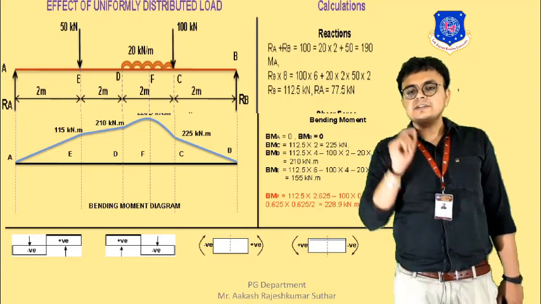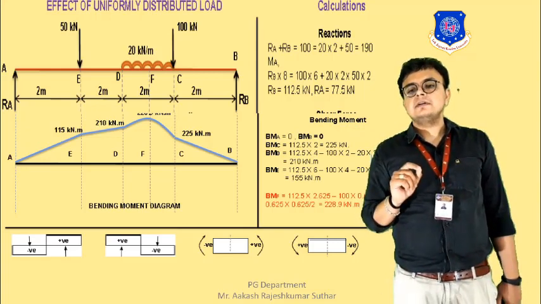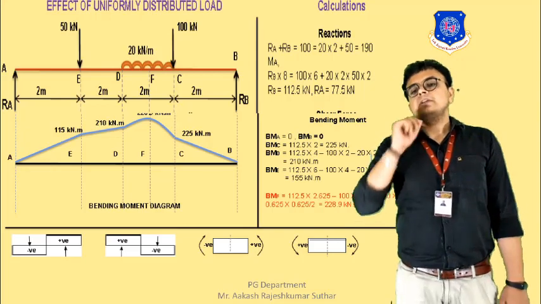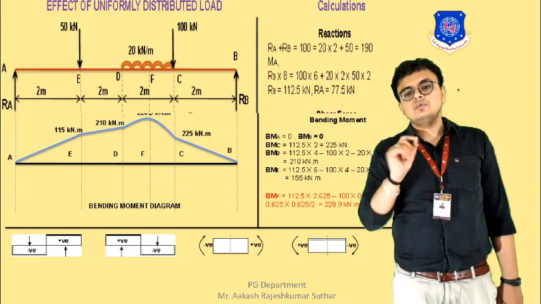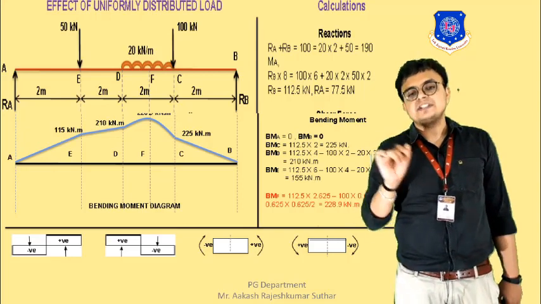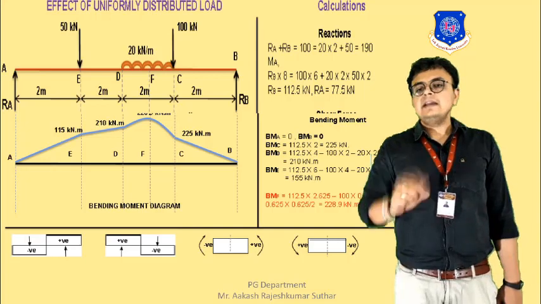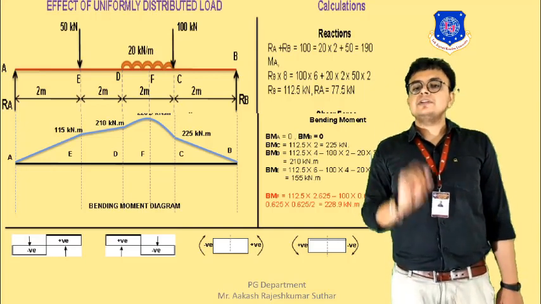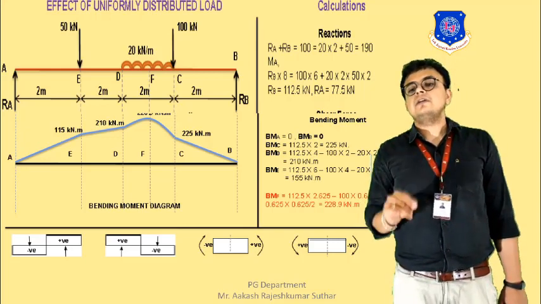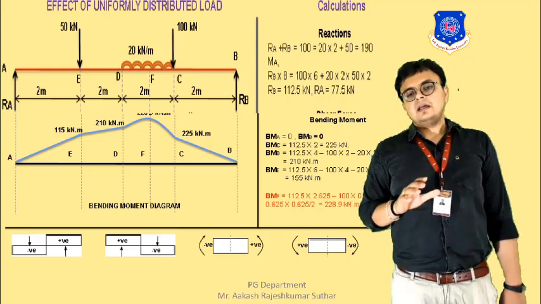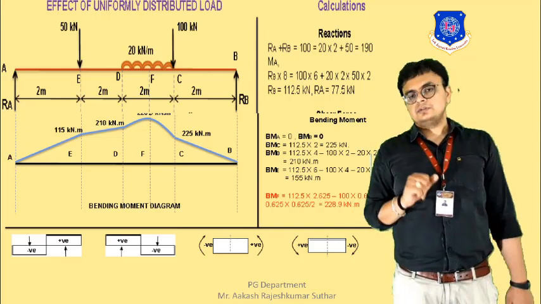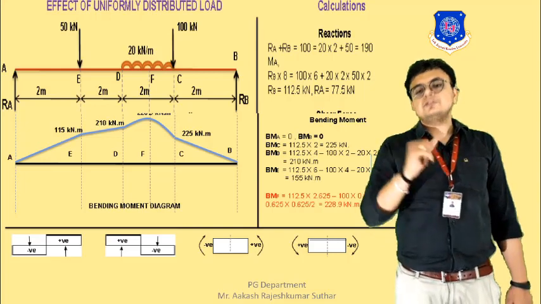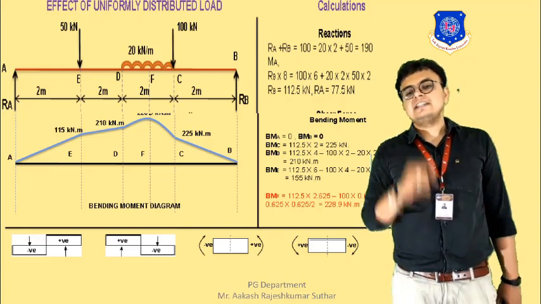So the bending moment at F will be equal to 112.5 into 2.625, minus 100 into 0.625, minus 20 into 0.625 into 0.625 by 2. We are just making that UDL into an equivalent force. So finally we are getting the value in a positive direction, means positive sign, and that is equal to 228.9.